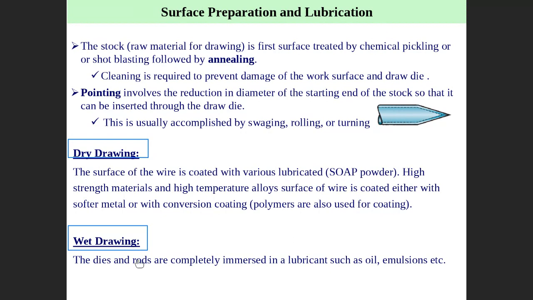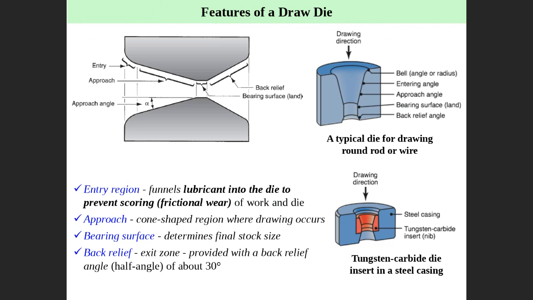In cold working, you simply put oil. But if you heat the material, usually in bar drawing, then oil probably does not function. Then you use soap, which is a powder, make it a paste and coat the surface with it. So this is dry drawing. Wet drawing is mainly to reduce the friction.